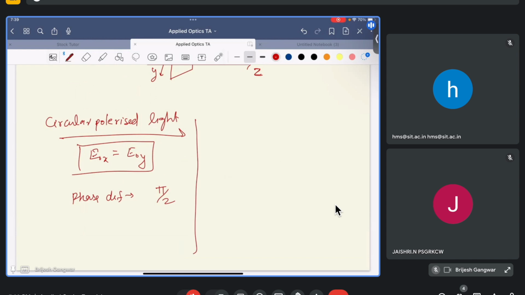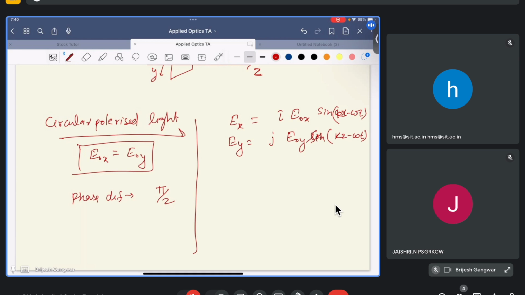Should I write here? See, Ex we consider in the x direction. This will be something like i cap E0x sine kz minus omega t, and Ey will be j cap E0y cos kz minus omega t.